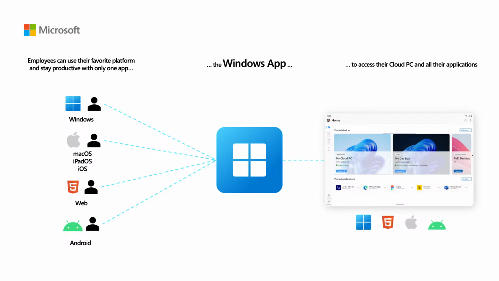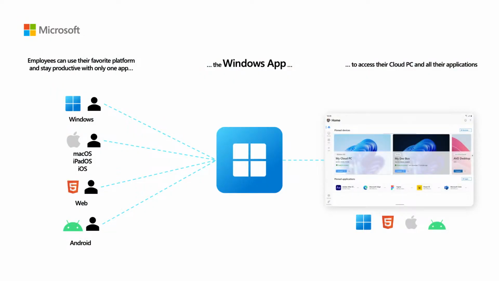And sometimes I may have to do something very quick on my cloud PC from my mobile phone. From an experience point of view, Windows app really gives you that consistent, cloud-first, modern experience across any platform. So any platform you pick up, your cloud PC connection and in-session experience will feel very familiar. And that's the main objective, if you will, of the Windows app.